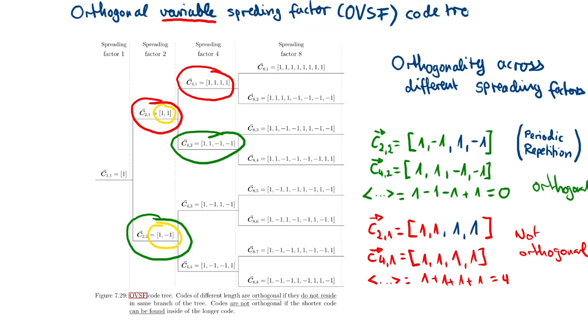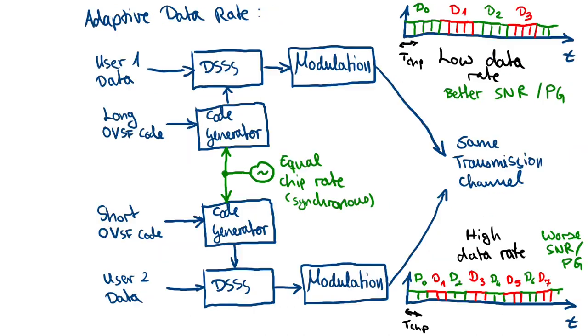So you use this system to generate orthogonal codes with different length. And now again, let's discuss why we need different length codes. The central point here is that we have a synchronous CDMA system. So the chip rate must be fixed.